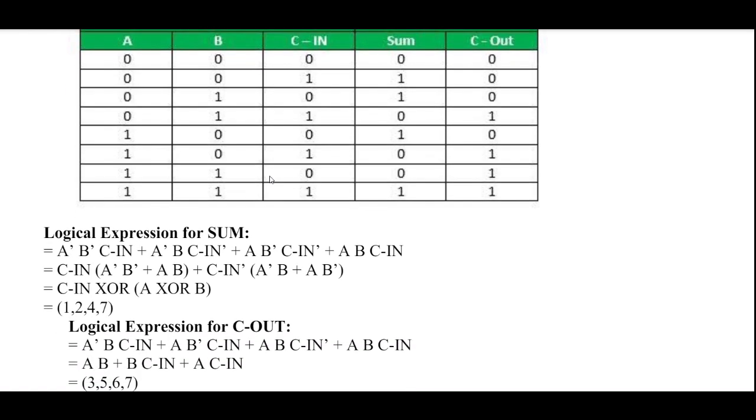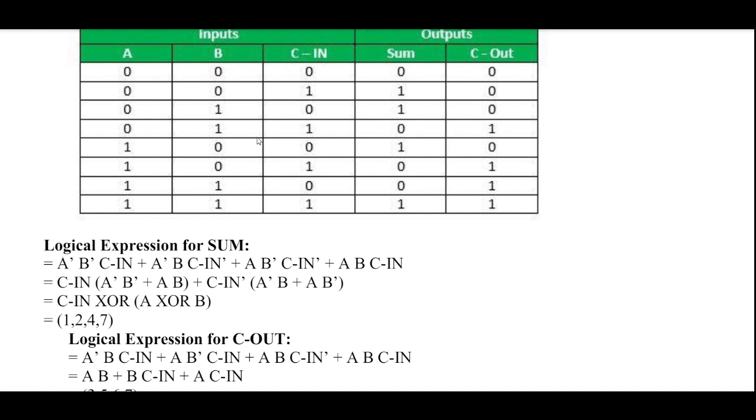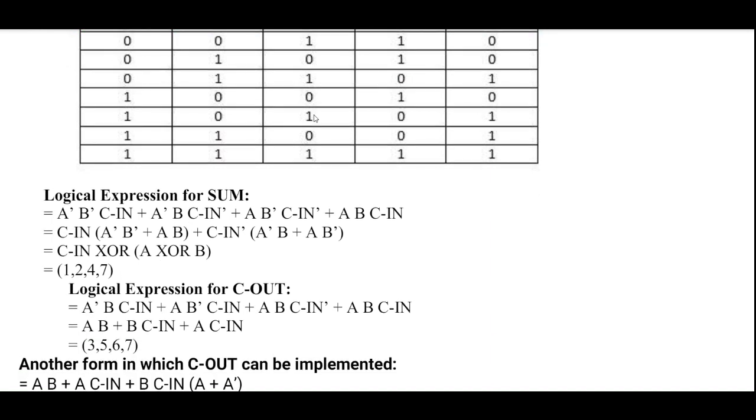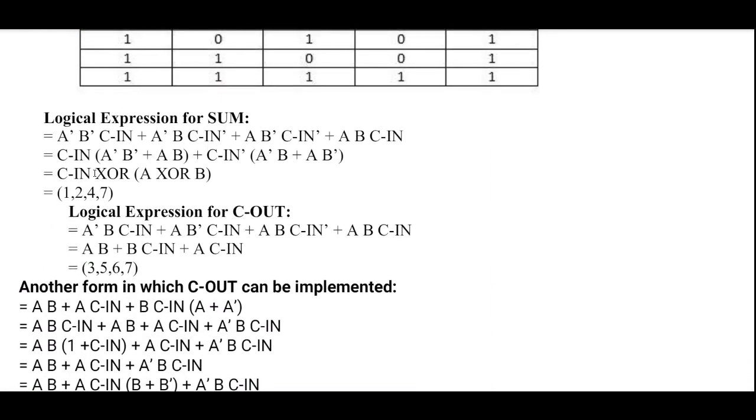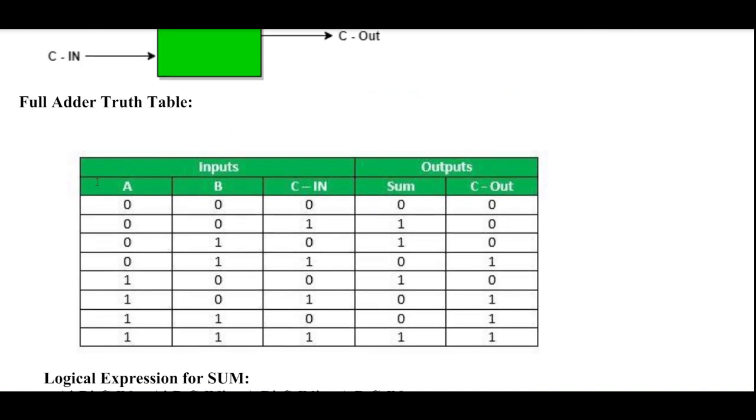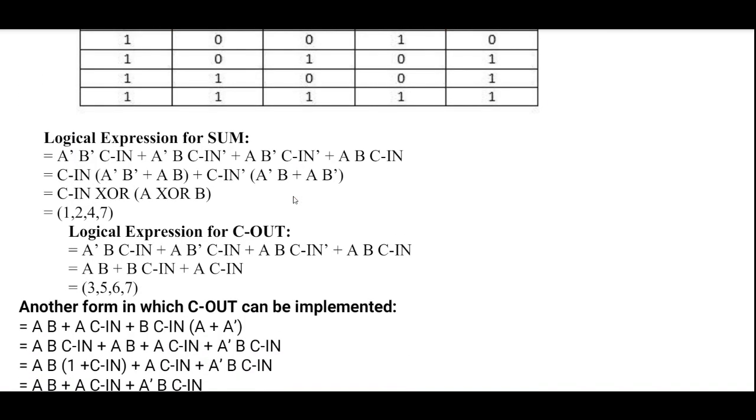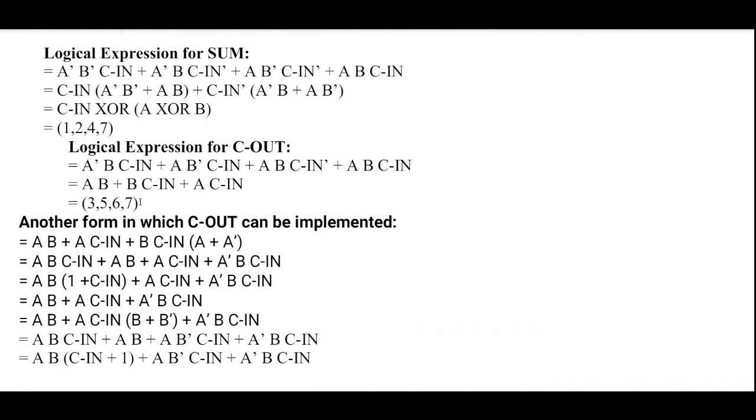For the sum, you get C in XOR A XOR B. For C out you get AB plus BC plus AC.